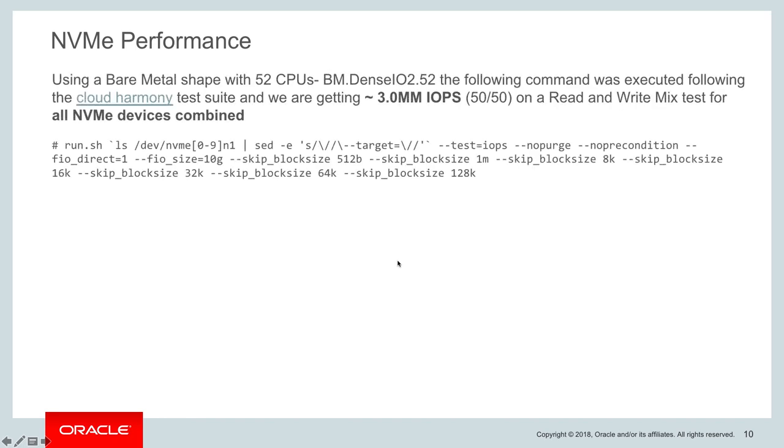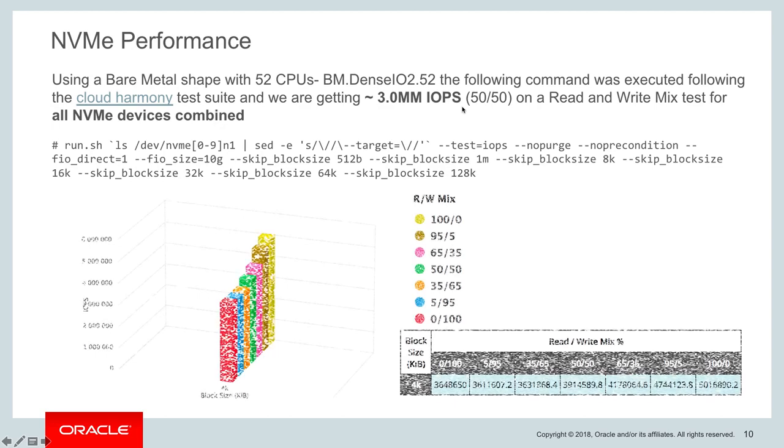If I combine all 8 NVMe devices available on the bare metal shape, I can get close to 3 million IOPS on the 50/50 read and write. Here's a graph showing that if I go just 100% read, I can get almost over 5 million IOPS as well.